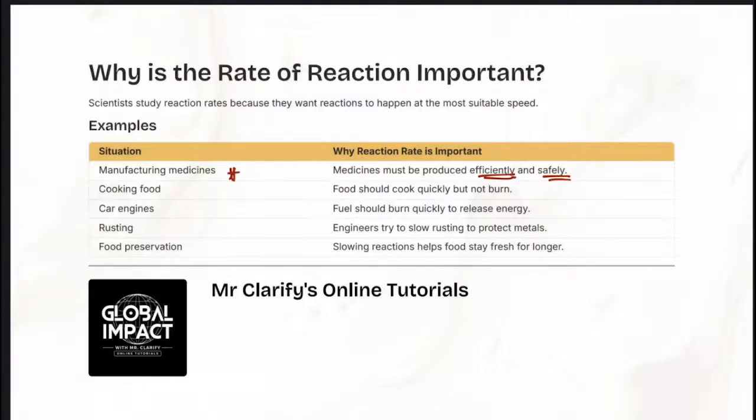Food, you should produce as quickly as you can without burning. Fuel should burn quickly. If you can quickly burn fuel and make energy, that means the car is very powerful. Those nice, expensive, powerful cars have good, strong engines.